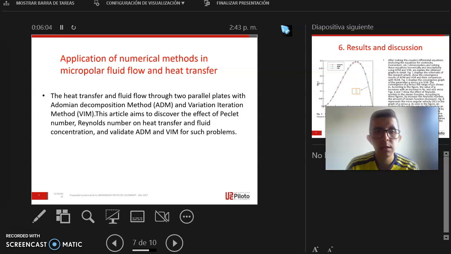This article aims to discover the effect of the Peclet number and Reynolds number on heat transfer and fluid concentration, and validate ADM and BAM for such problems.